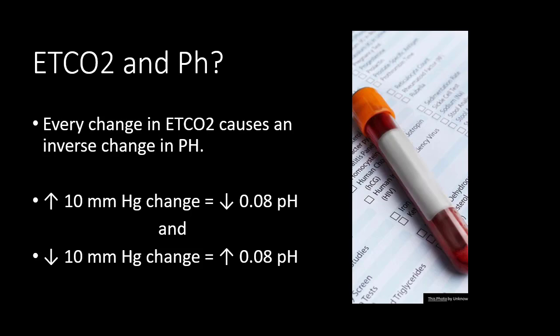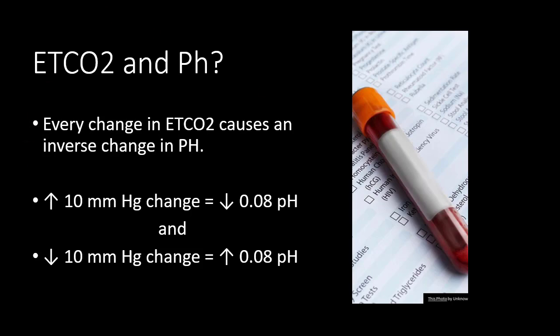In general, an increase in end-tidal CO2 of 10 millimeters of mercury causes a decrease of 0.08 in pH. Remember, our pH numbers are 7.35 to 7.45, so a 0.08 change is actually quite significant. A decrease in PaCO2 or end-tidal CO2 results in an increase of pH of 0.08, predictably, if everything else is equal.